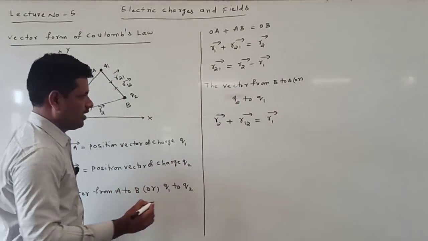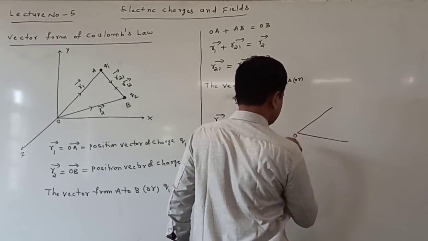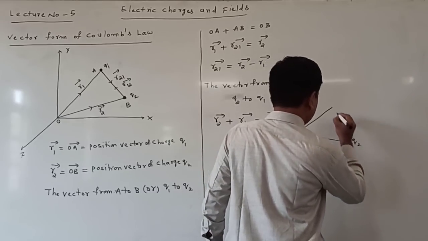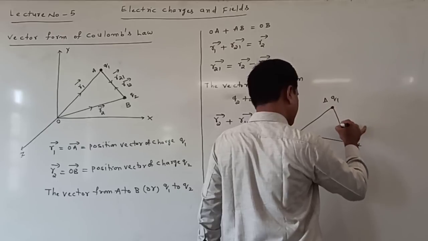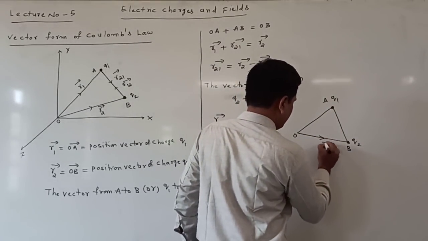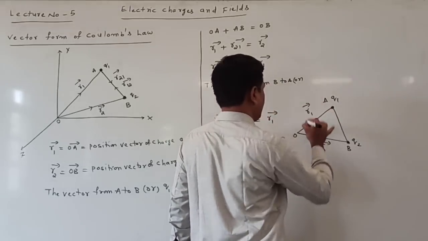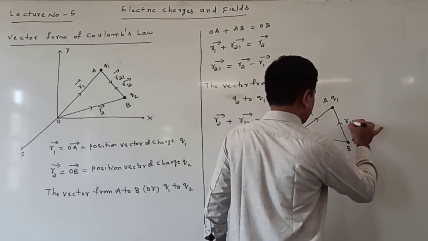I am showing it again clearly. Once again, see there. This is the origin, this is Q2, this is Q1, this is point B, and this is point A. This is R2 bar, this is R1 bar, and this is called R12 bar.